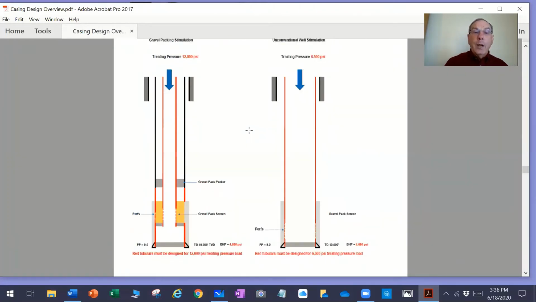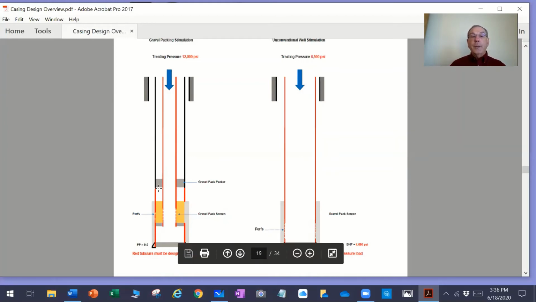The one on the left is a well that, let's say, we're doing a gravel pack on. We're going to do a frac pack on the well. So we've got a gravel pack packer set in the well, and we've got drill pipe going down to this packer, and we've got a screen down here, and we're going to be doing this stimulation treatment, let's say at 12,000 psi.